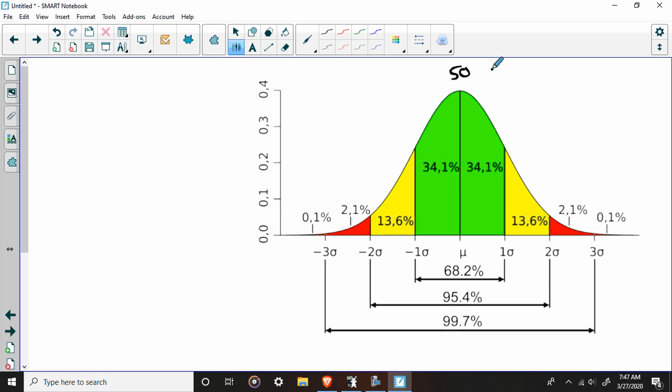So we're adding 7. So 57 will be 1 standard deviation, 64 will be 2 standard deviations, and 71 will be 3. And then go down the other way: 43, 36, 29.